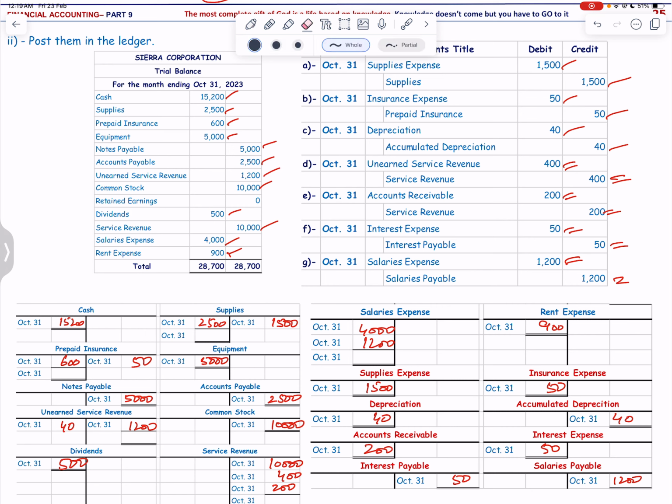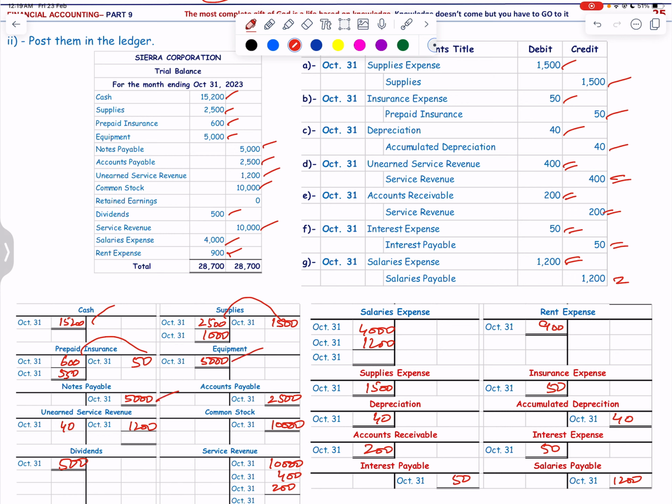So the balance for cash will be 15,200. For supplies, the balance will be 1,000, which is 2,500 minus 1,500. Prepaid will be 550, which is 600 minus 50. Equipment will be 5,000.